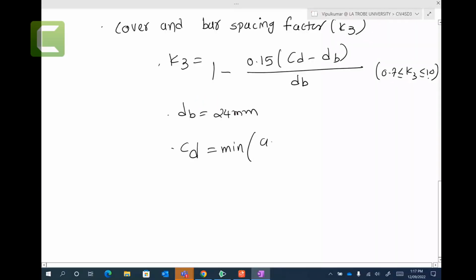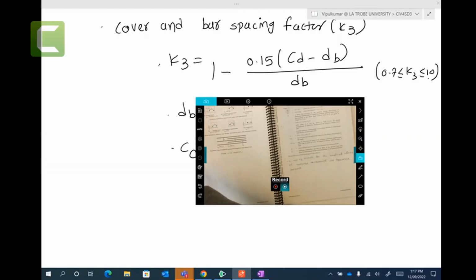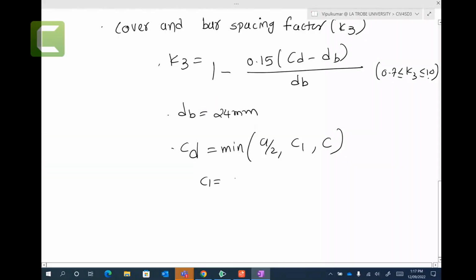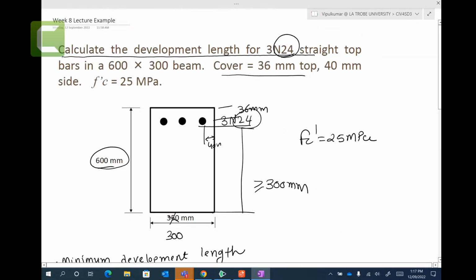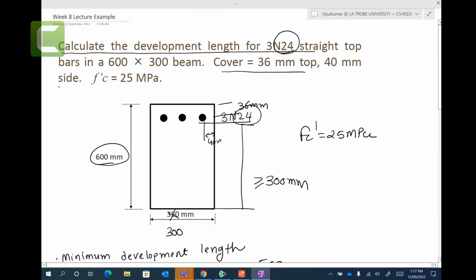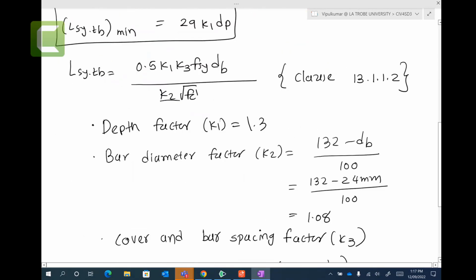C1 is the side cover and c is the bottom or top cover. C1 equal to side cover, which is 40 millimeters.